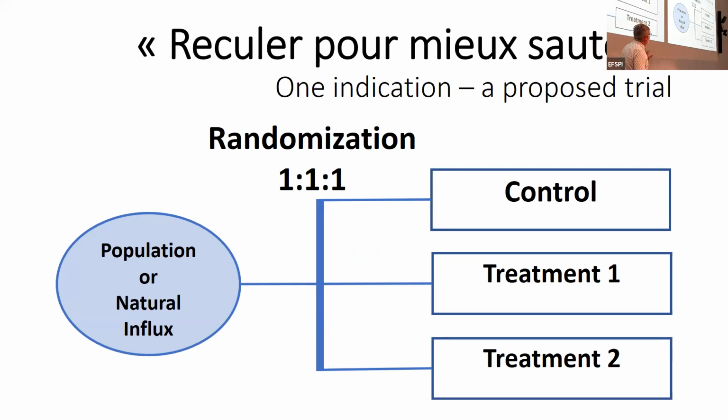And I've got a control and 2 treatments. Typically we would say, oh, this is an ANOVA type of design. How to analyze? Well, no. It is not an ANOVA type. It's a platform type. That is how it was submitted.